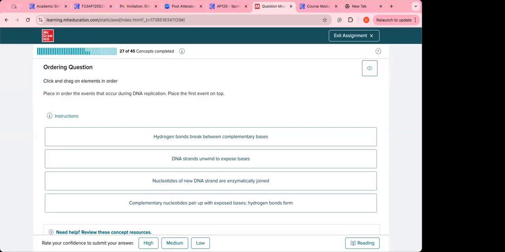Drag and place in order the events that occurred during the steps in DNA replication. Let me find the steps.